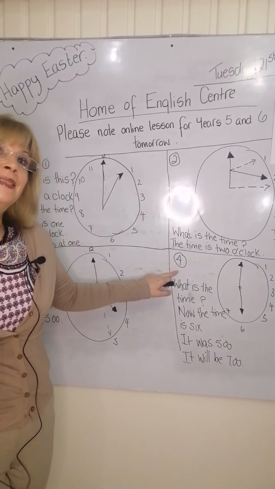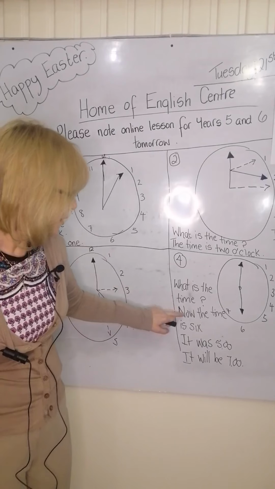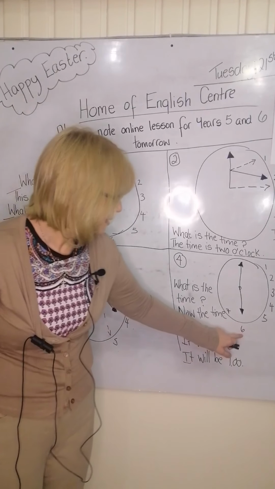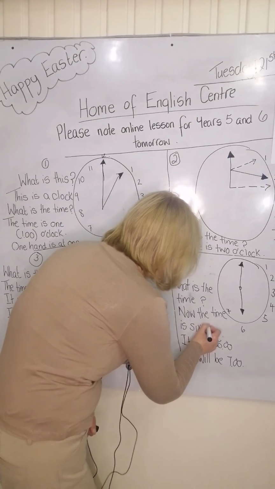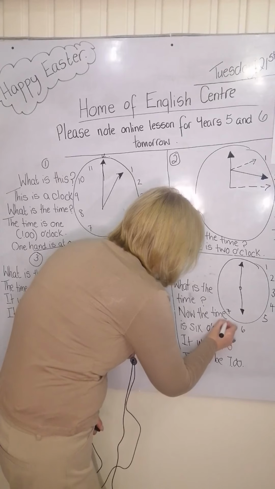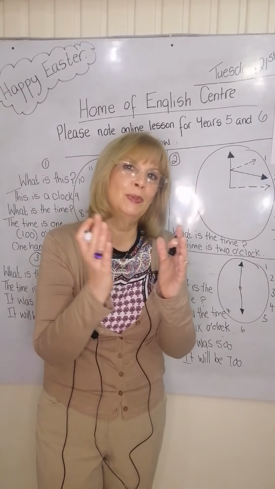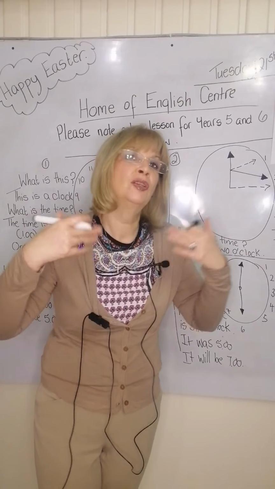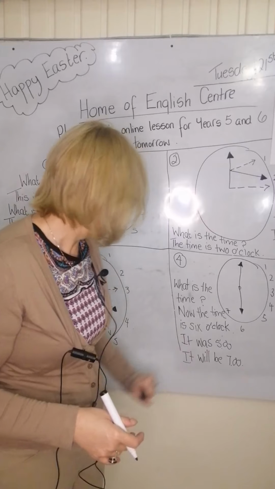What is the time? Now the time is 6. And you can say 6 o'clock. 6 of the clock. It has been shortened in English to o'clock. It is 6 o'clock.